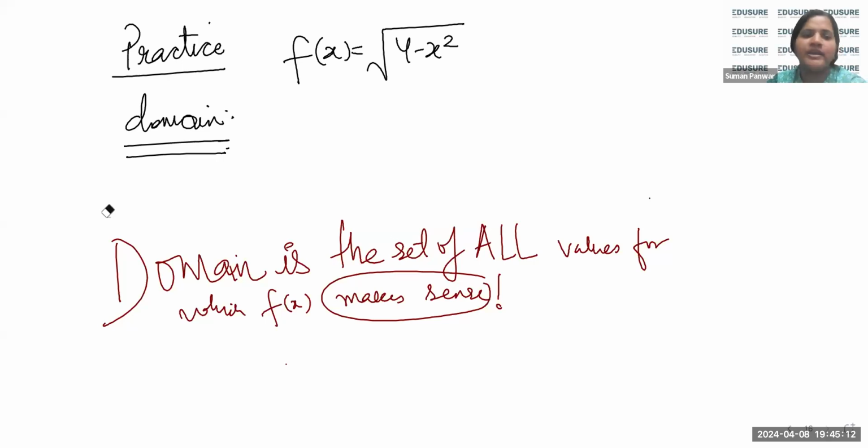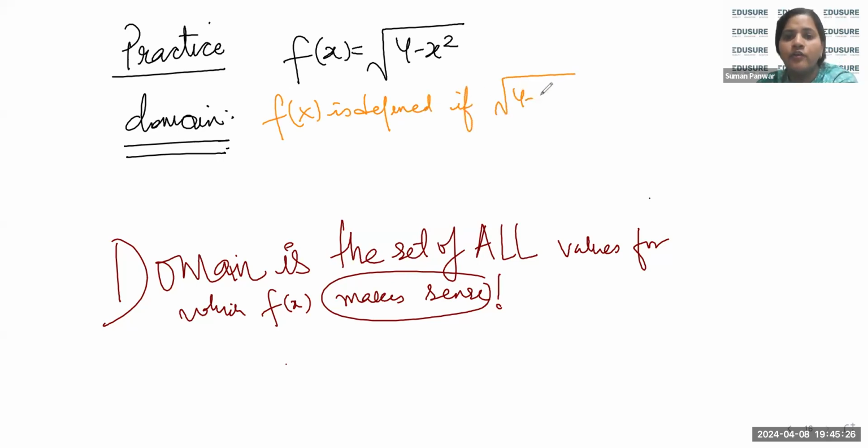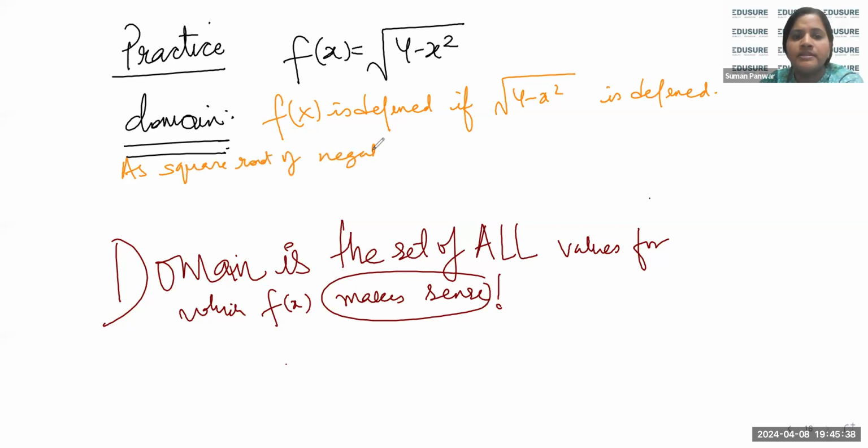देखिए, डोमेन का साफ साफ मतलब है कि मेरा फंक्शन डिफाइंड होना चाहिए. अगर मैं बिल्कुल लेमैन की तरह बिल्कुल बेसिक्स पे स्टार्ट करूं, f(x) इज डिफाइंड if under root 4 minus x square is defined, okay, as square root of negative numbers do not exist.